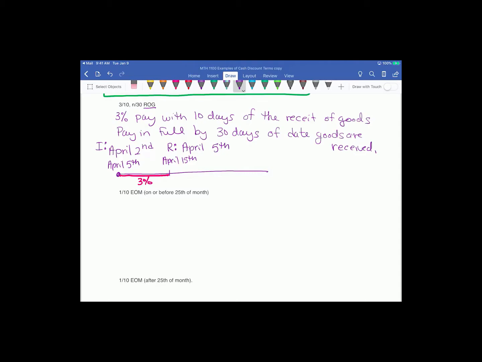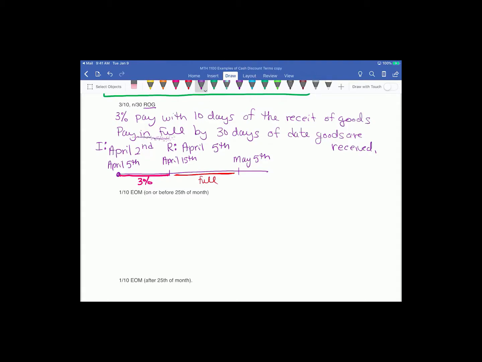Now, if we miss the deadline of April 15th, we have to pay within 30 days of April 5th. So 30 days of April 5th would be May 5th. And so if I pay somewhere in this time frame, from April 15th to May 5th, I'm going to have to pay in full because I've missed the deadline of the 3% extra discount.